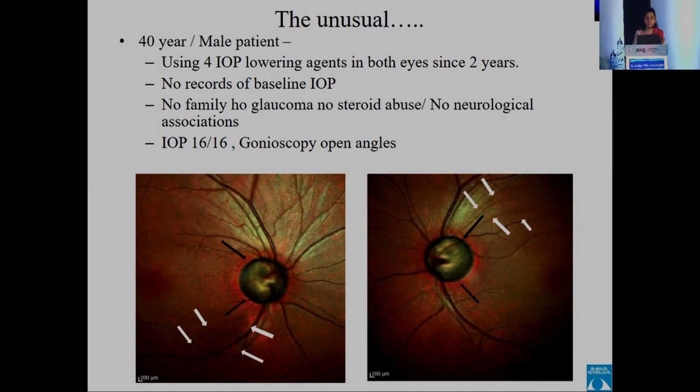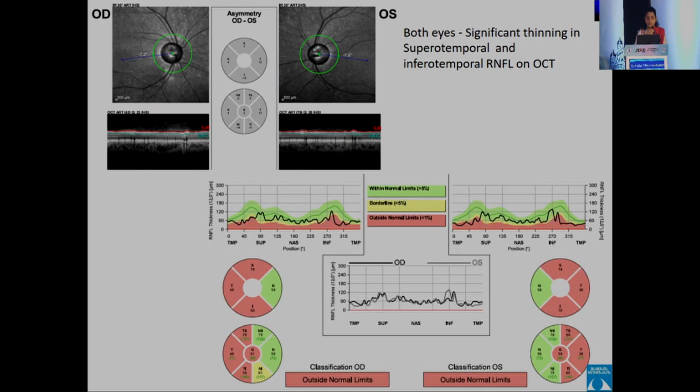But sometimes we do have unusual cases wherein we have patients who have glaucoma who present with clinical signs, in this case a 40-year-old male who is already on 4 IOP lowering agents, who has a negative history for family history of glaucoma or any other cause, any history of any nerve damage, shows a typical excavated disc, though larger in size, with bipolar thinning, slit RNFL defects, wherein structurally also it correlates.